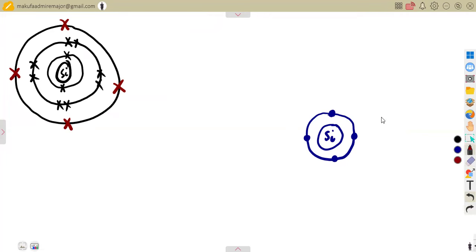It's going to be something like this; I'm just talking about what is on the outer shell. 1, 2, 3, 4. So as you can see, there is sharing happening there.